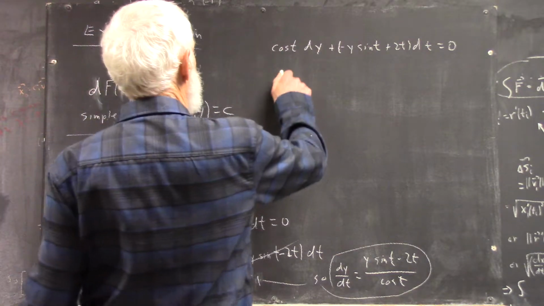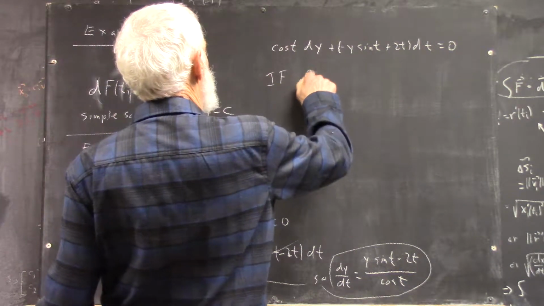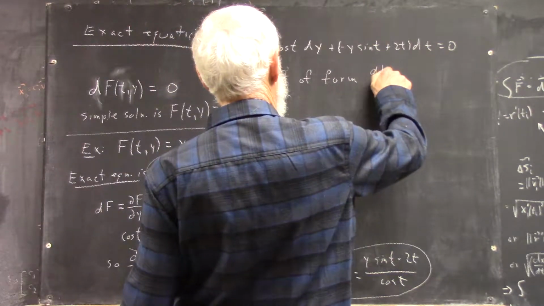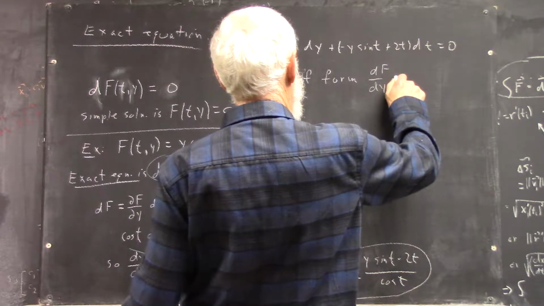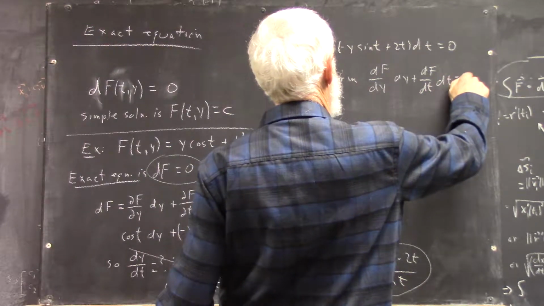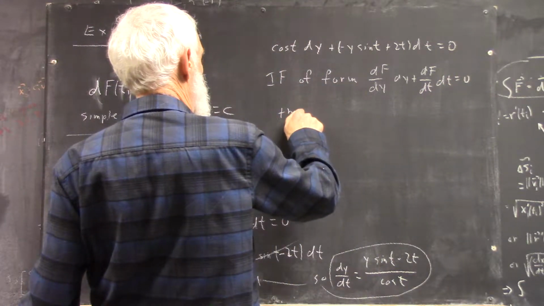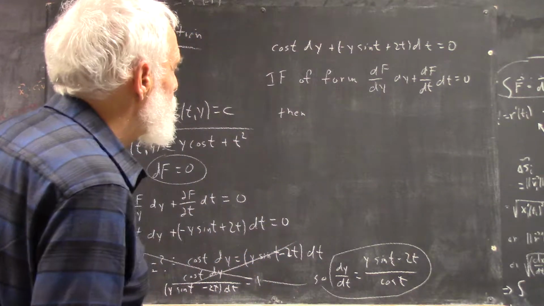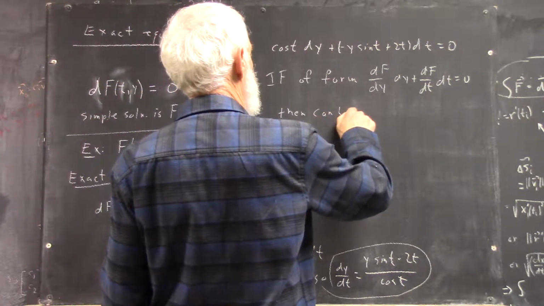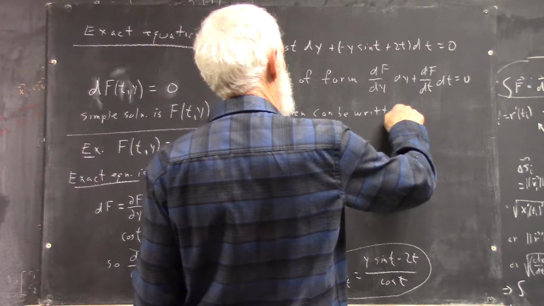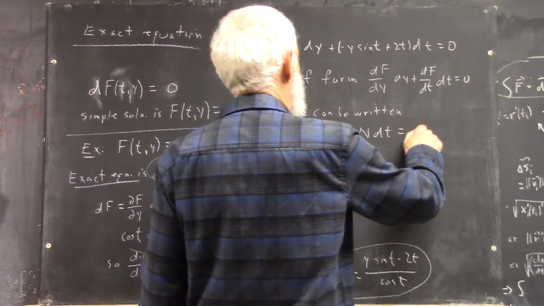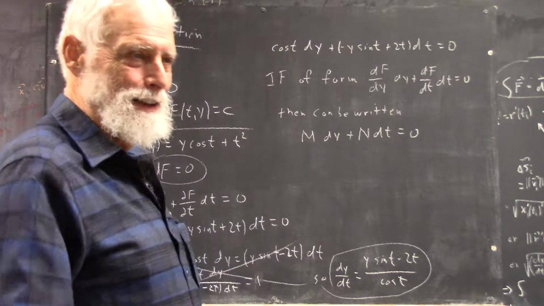Okay, if this equation can be written like this, which still looks a lot like Green's theorem, doesn't it?